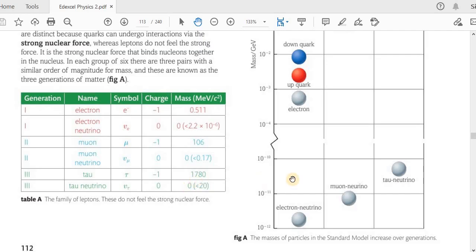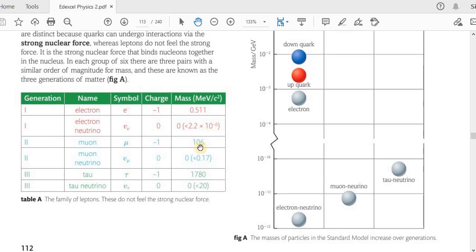When you learned about beta minus decay, beta plus decay, you would have slightly heard that the neutrinos have a much smaller mass compared to the mass of an electron. So here you can see the electron has a higher mass than the neutrinos.